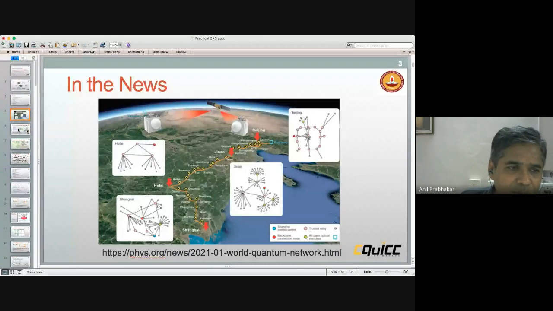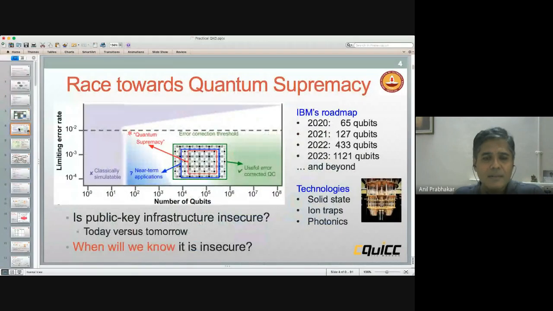Why is this useful for us? Well, there is this race towards quantum supremacy, and we will keep hearing about people having done better than classical computers, but they're solving very special problems.